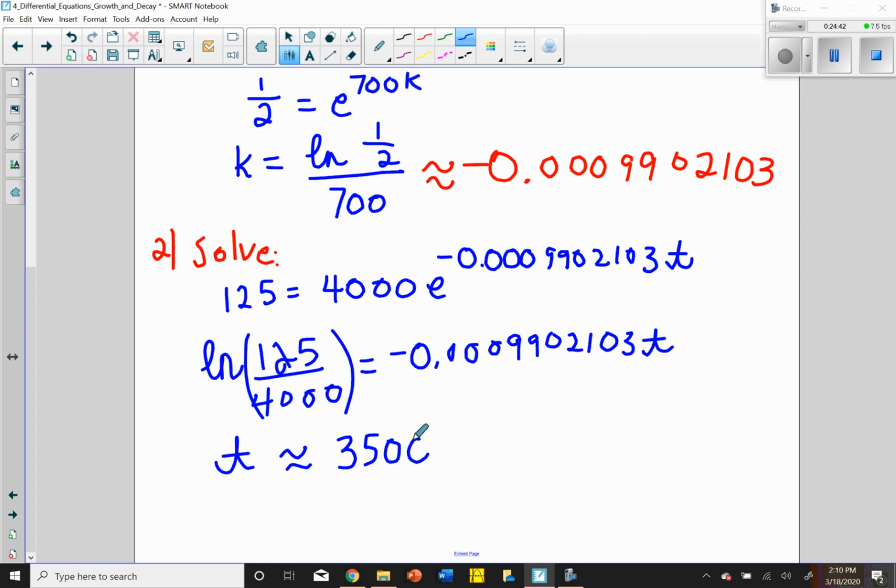3,500. But remember, I'm using 700 to represent millions of years. So in about 3,500 million years before that zircon degrades to 125 atoms.